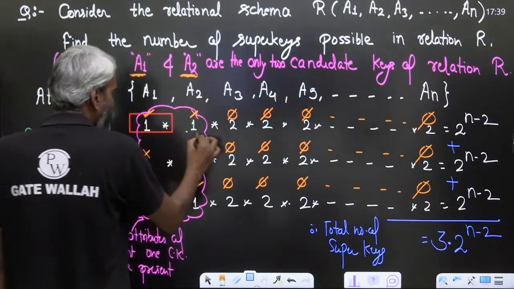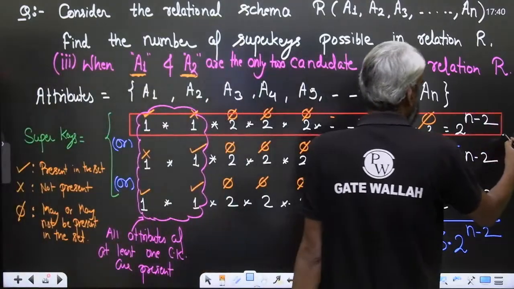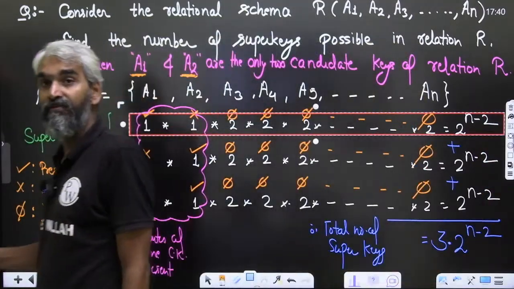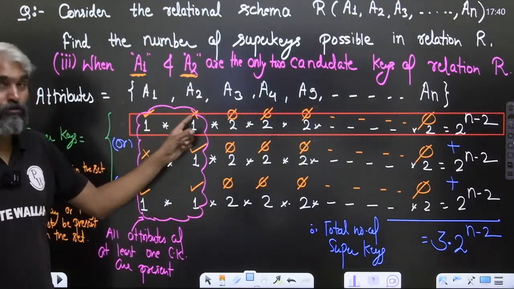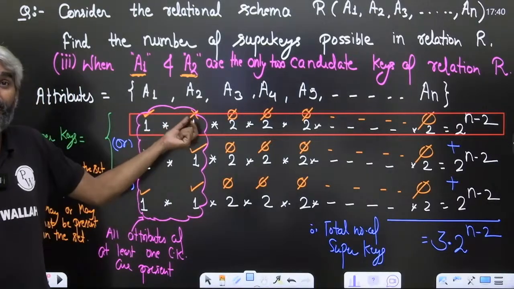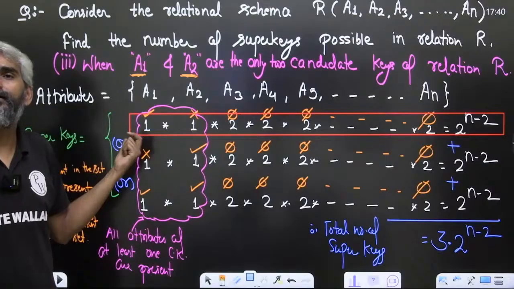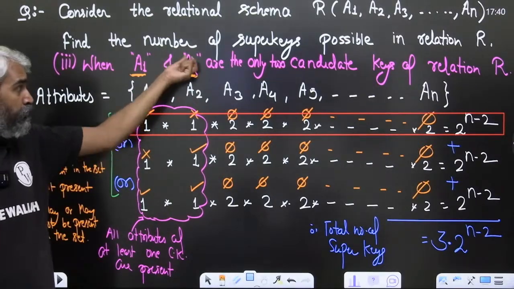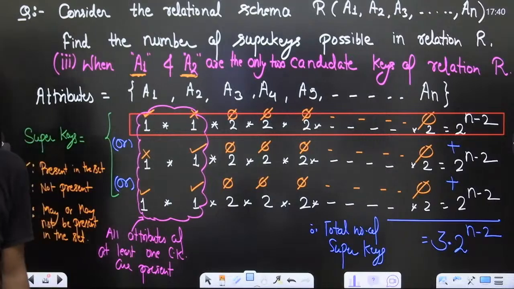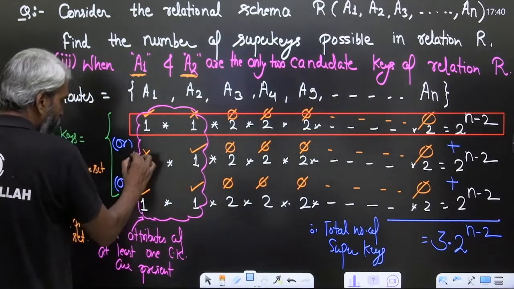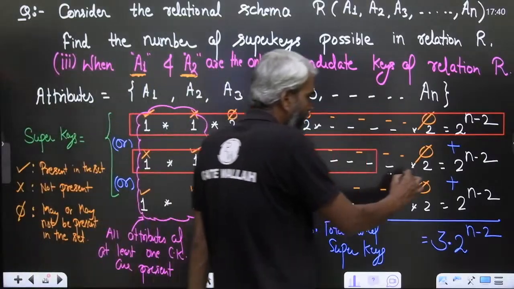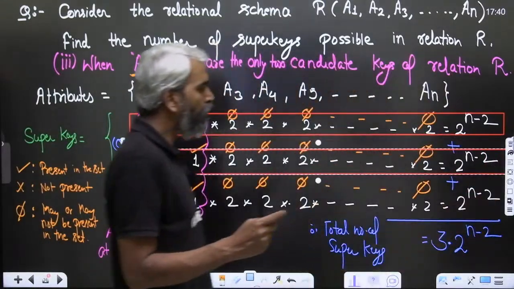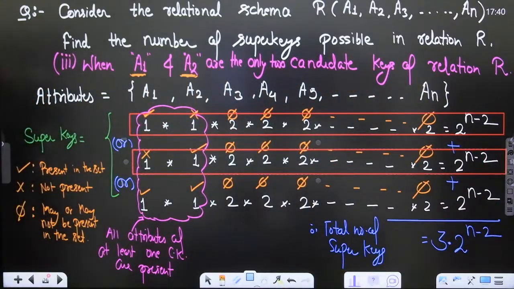These are the super keys in which A1 is present but A2 is not present. So these are the super keys that contain exactly one candidate key, that is A1, but none of the attributes of the other candidate key are present. And here A1 is not present but A2 is present, so these are the super keys in which only the attributes of candidate key A2 are present.